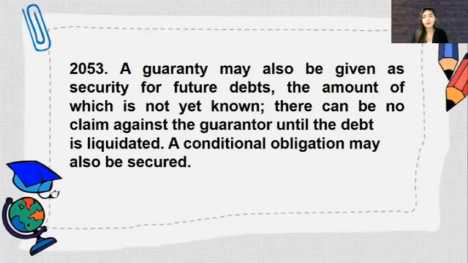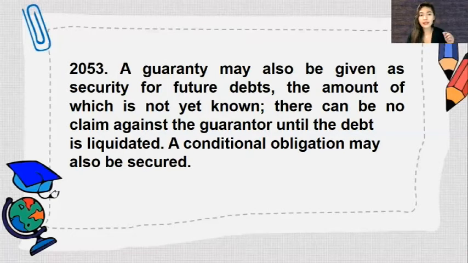And now let's go to Article 2053. A guarantee may also be given as security for future debts, the amount of which is not yet known. There can be no claim against the guarantor until the debt is liquidated. A conditional obligation may also be secured.